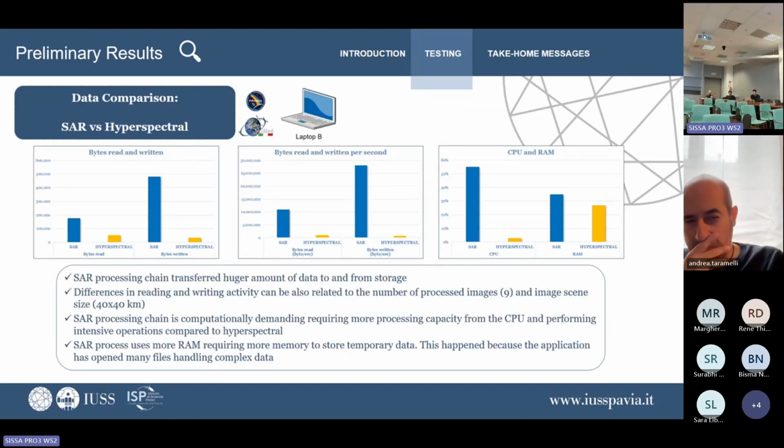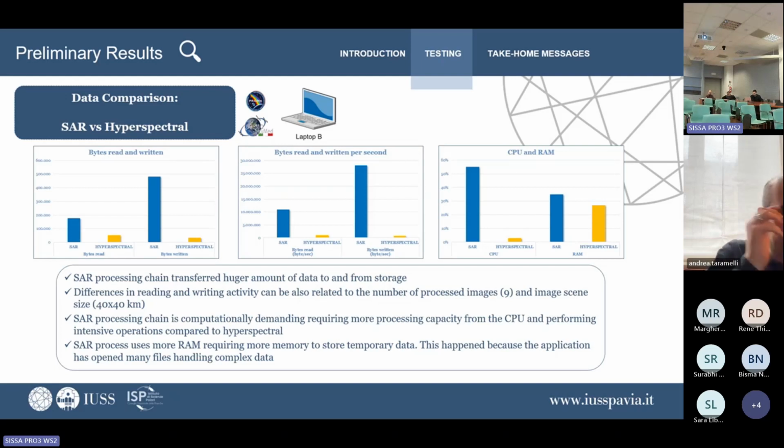Finally, there are the results of the comparison between SAR and hyperspectral. And we can see that the SAR processing chain transferred a large amount of data. The difference in reading and writing activity can be related to the number of images processed.